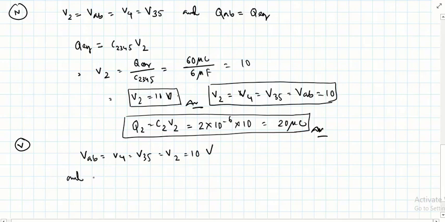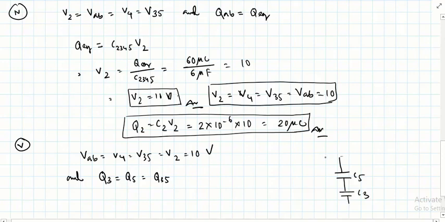And we can also say that charge Q3 equals Q5, separately must be equal to Q35, right? This is C5 and this is C3.